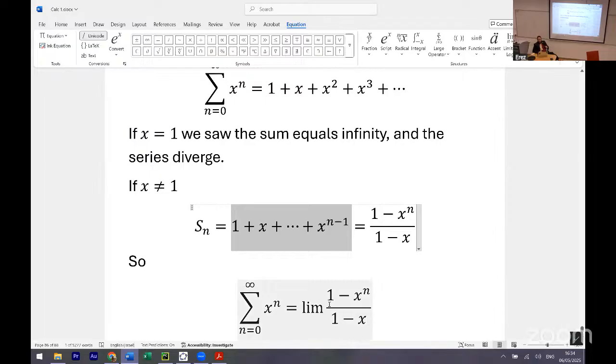And now again, I'm back to a question about sequences. What is the limit of this sequence?